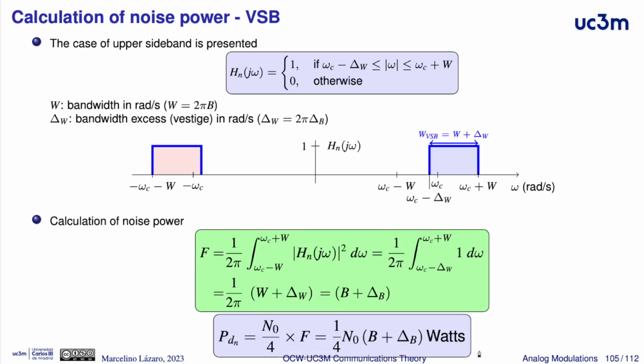And this means that the noise power at the output of a coherent receiver for this vestigial sideband modulation is just 1/4 of the product of N0 with the bandwidth of a vestigial sideband modulation, the bandwidth in hertz of the modulating signal and the bandwidth in hertz of the vestige.